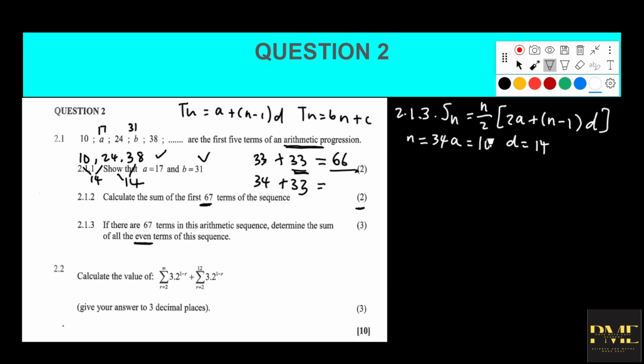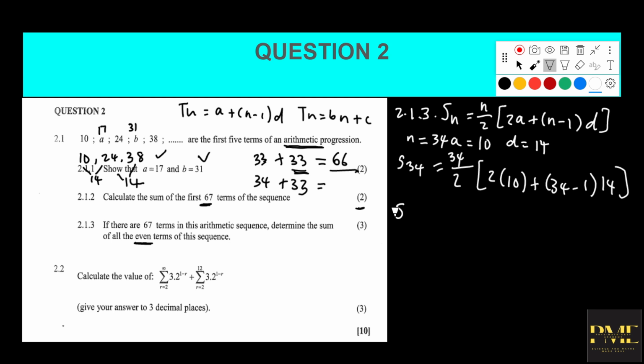So since siyamazi n, siyamazi a, siyamazi d, esezinto esiyidingayo zicalculate ke isum, we can easily calculate our sum again manje. So our sum to 34 terms is going to be equals to, so our n is 34. So 34 over 2 into 2 laphayana into a wethu u10, and then 10 plus n siyazi okay n wethu 34, this is the 34 minus 1 multiplied by difference yethu u14 guys, okay.